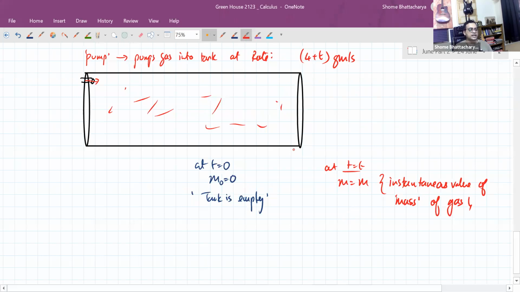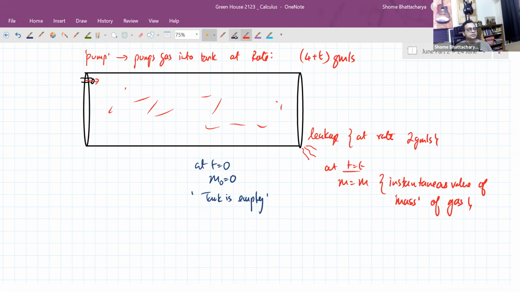Then we can see two things are happening. One is that there is some leakage happening somewhere. Leakage is happening at the rate of 2 grams per second, and the other is gas is being pumped in.